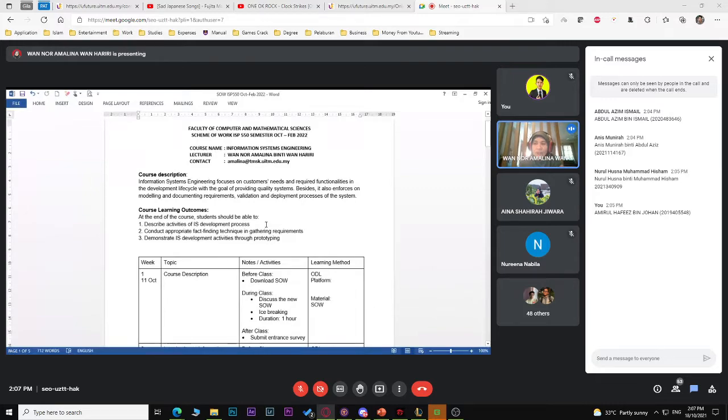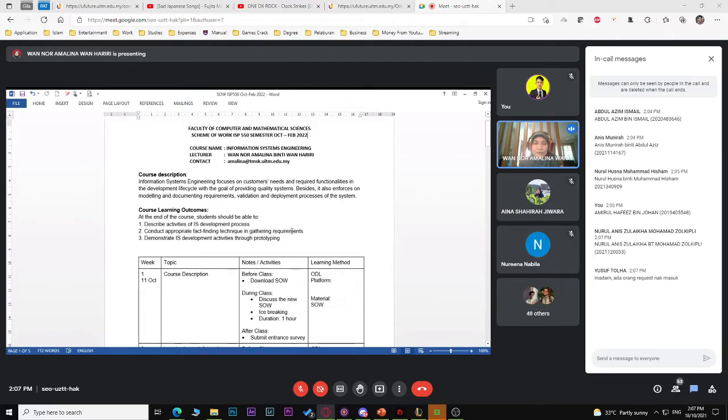You will be assessed, evaluated, and followed through in all the processes in coming up with that small system of yours. The first one is to describe activities of the IS development process, starting from identification of the problem and so on.